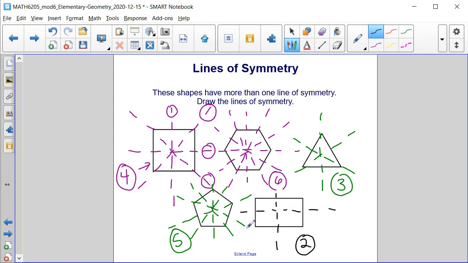We cannot draw them about the diagonals. If that ended up happening, you would end up getting a rectangle still, but the longer sides would be vertical instead of horizontal if you were to reflect them about diagonal lines. So again, the rectangle only has 2 lines of symmetry.